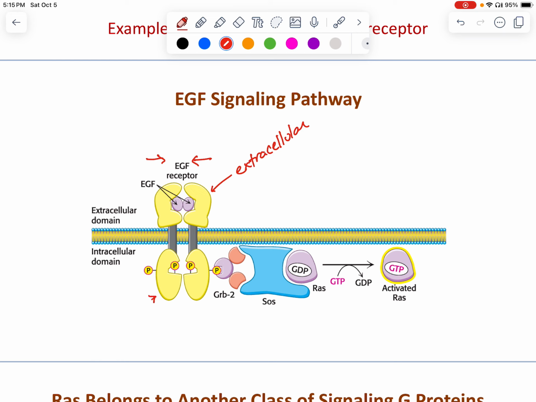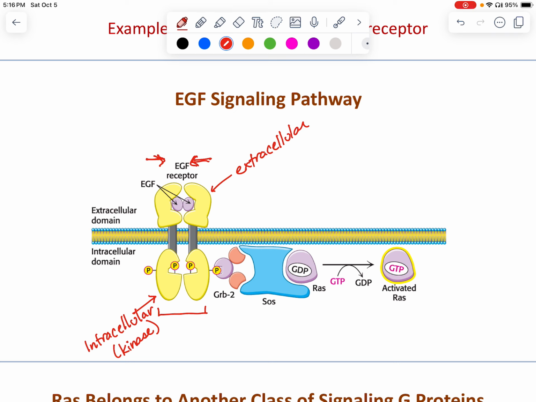The intracellular portion in this case is actually also a kinase. So this is the enzyme that can cause phosphorylation. The receptor and the kinase are on the same molecule. And when our two units come together, it brings those kinases together.